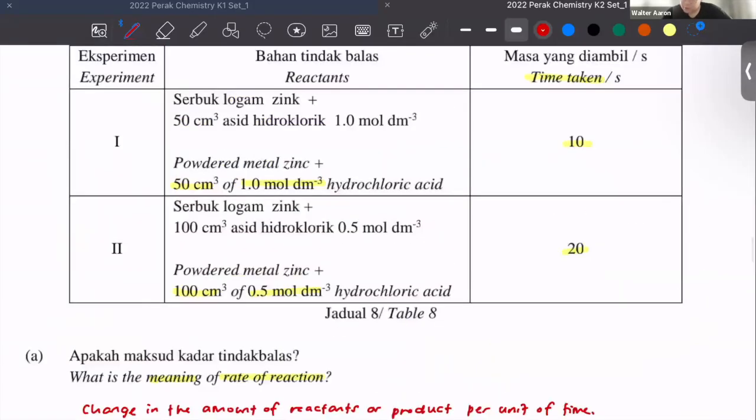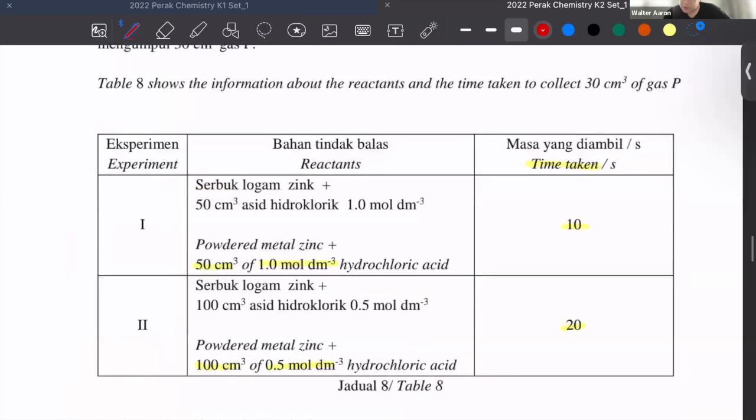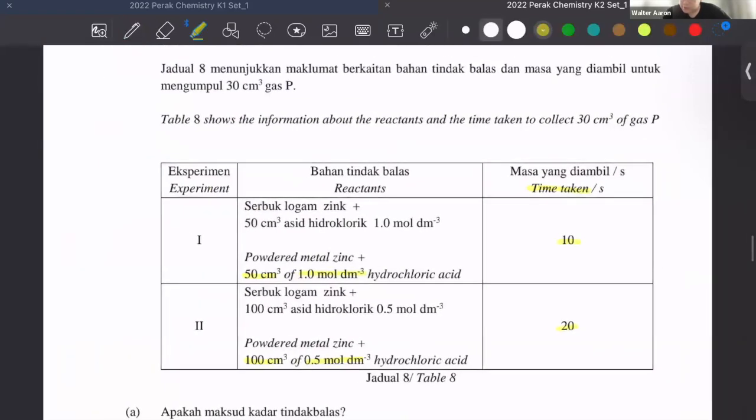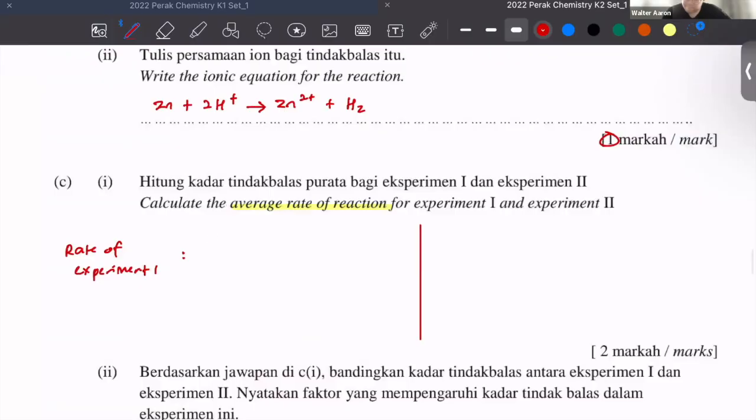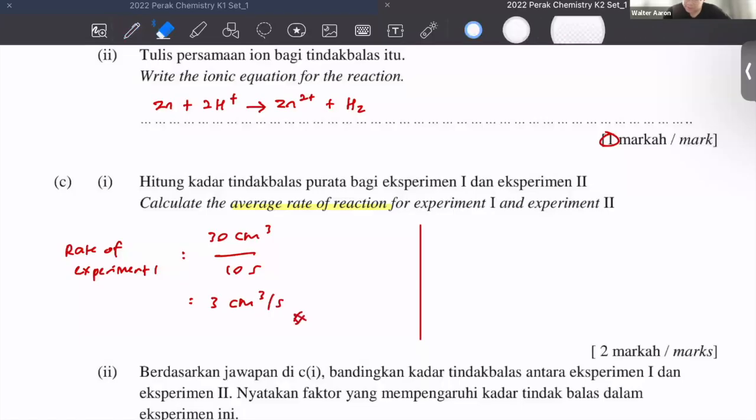So the rate for experiment 1 will be 30 cm³ of gas collected over 10 seconds. So that'll be 3 cm³ per second.